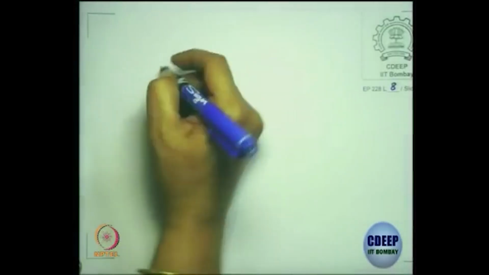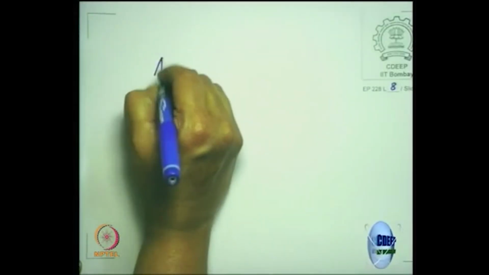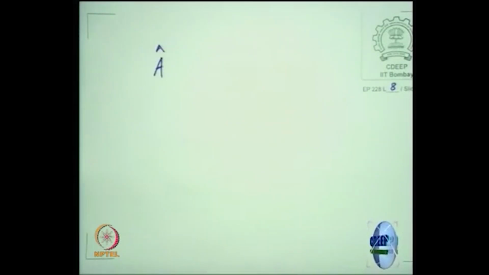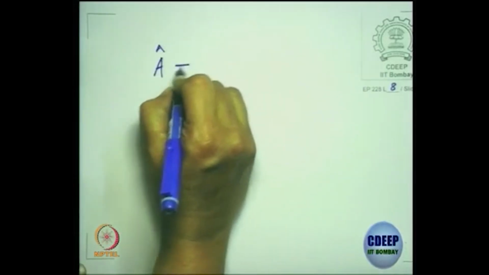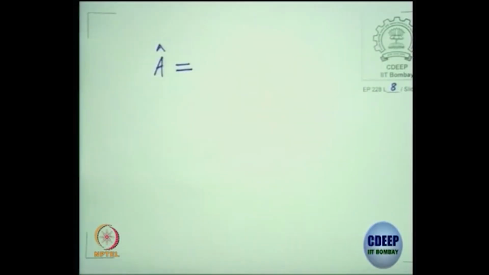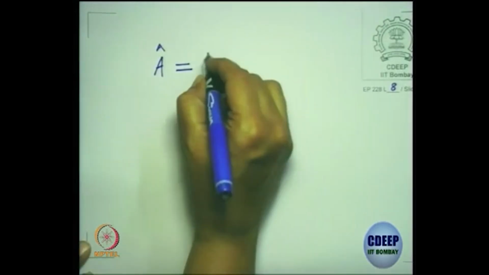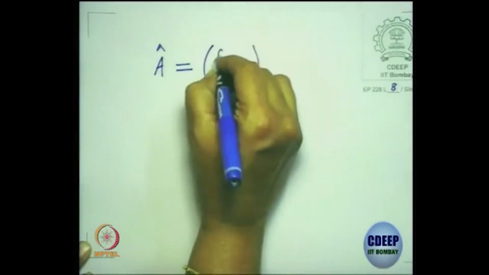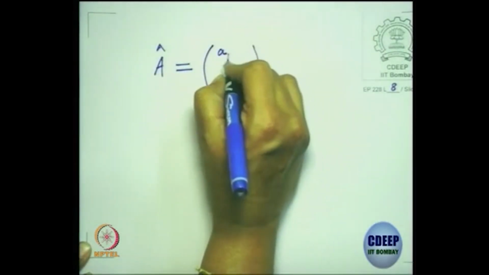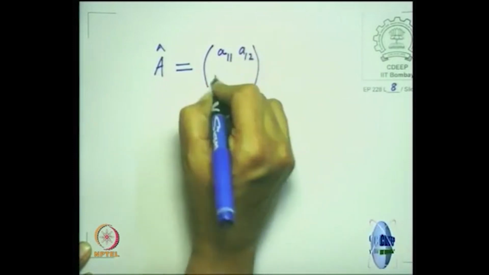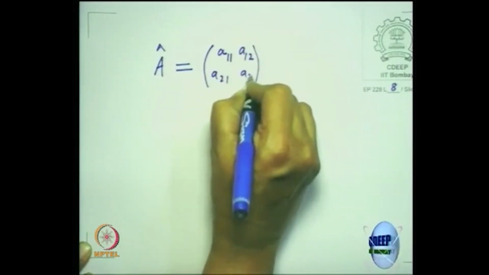So let me write that. If you take some operator A, you can rewrite a representation for this in this 2-dimensional vector space as A11, A12, A21, A22.